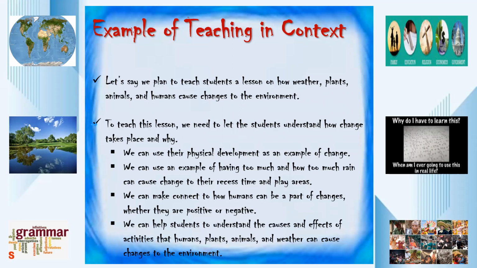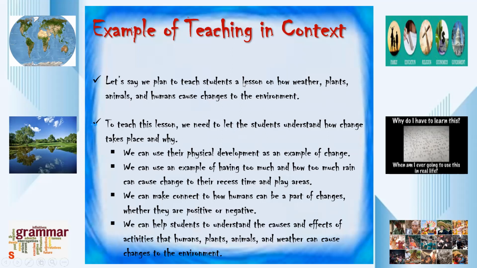All right. So we can help students to understand the causes and the effects of the activities that humans, plants, animals, and weather can cause change to the environment. So when we help the student to see why, and not just present the content itself, we need to help them to understand why something causes what.